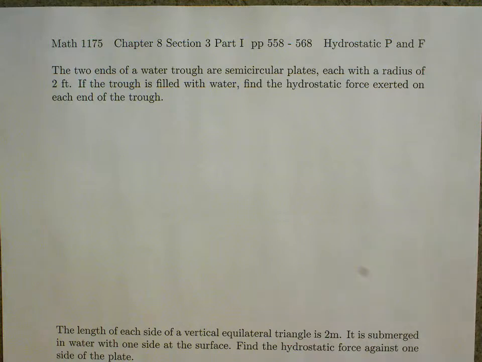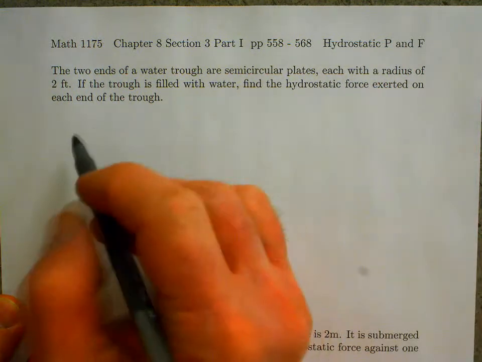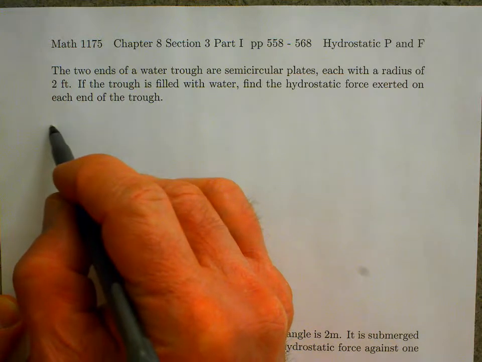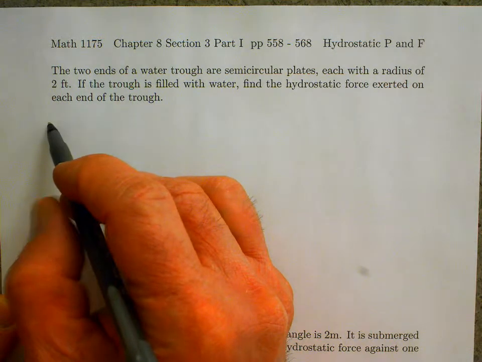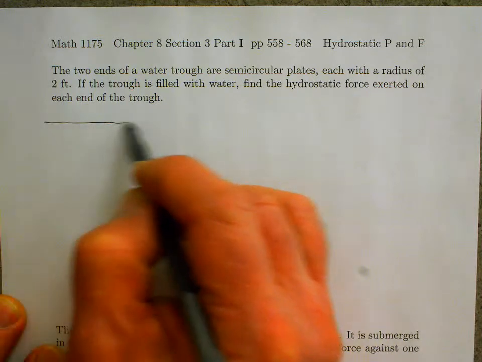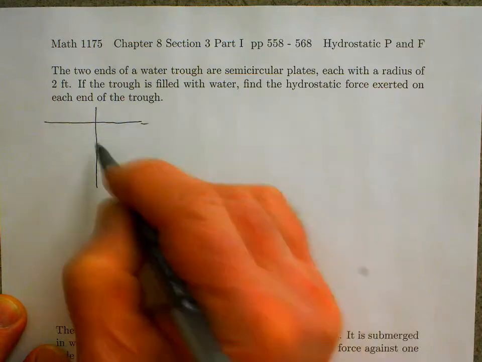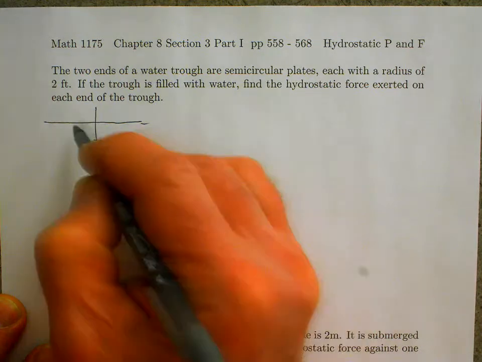If the trough is filled with water, find the hydrostatic force exerted on each end of the trough. Okay, semicircular plates at the end. So radius 2.